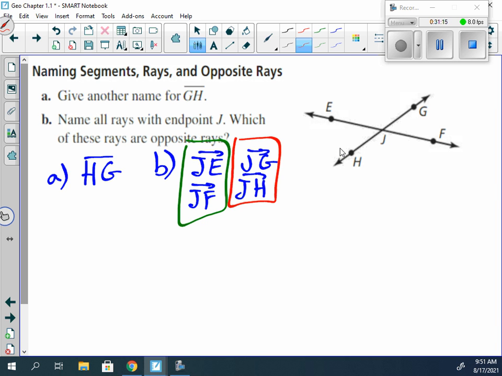I set them up that way because I put them in the pairs that are opposite to make a straight line. JE and JF do make a straight line, so they are opposite rays. JH and JG are two rays that make a straight line.